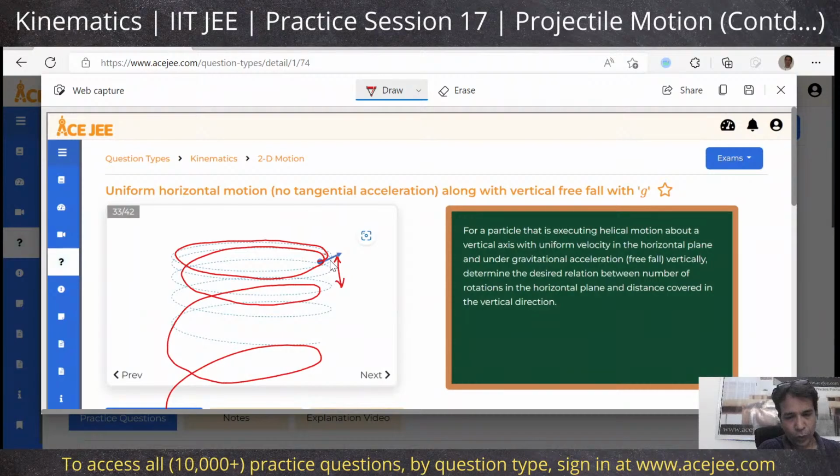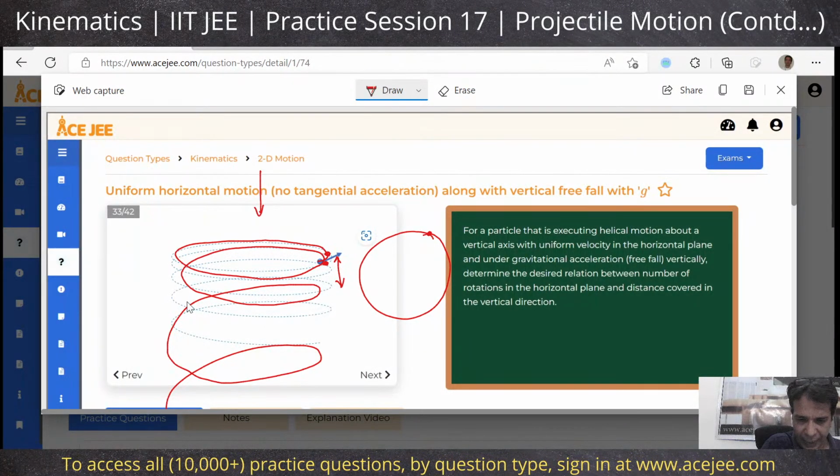Right? So if you look from above, you will notice that the particle starting from here comes back just below this position. From the top, it will look like the particle has completed one circle, but actually this point is slightly vertically downwards, so it is not at the same point.